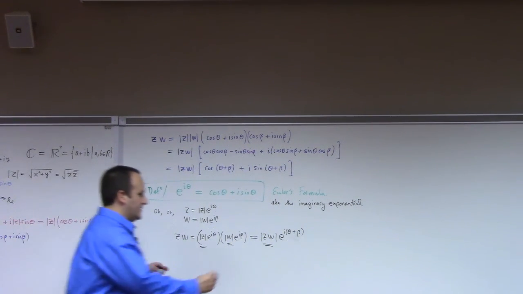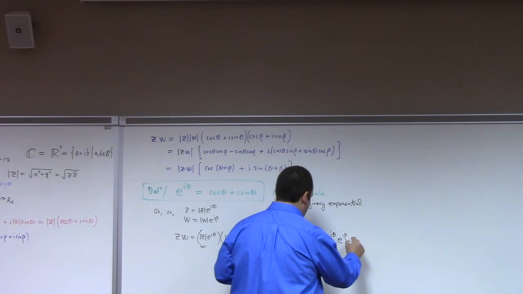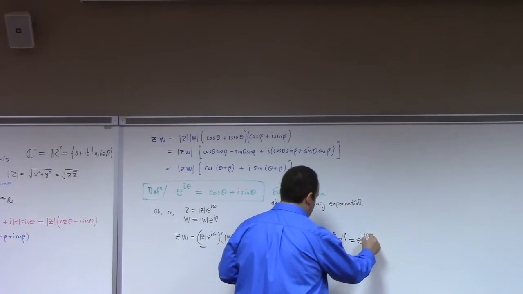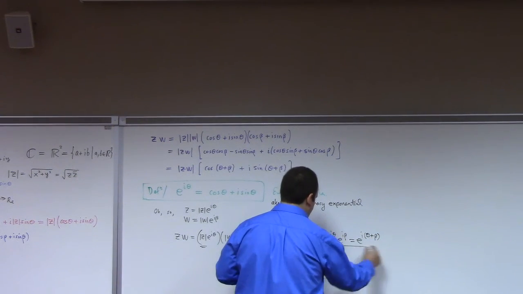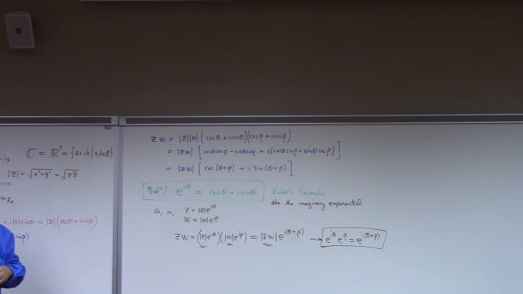And so what we have here, again, is e to the I theta, e to the I beta is equal to e to the I theta plus beta. So, I mean, calling it an exponential is a very reasonable notation, right? Because, in fact, it does behave like an exponential. It has the exponential law, right? What else do we know about exponentials? What should 1 over an exponential be?